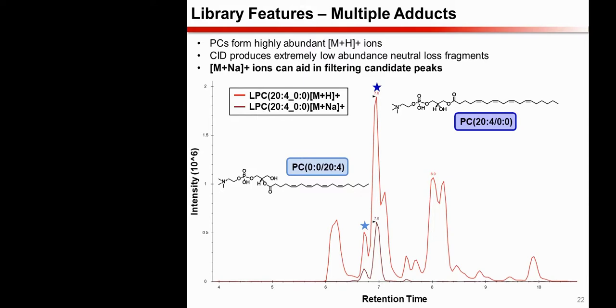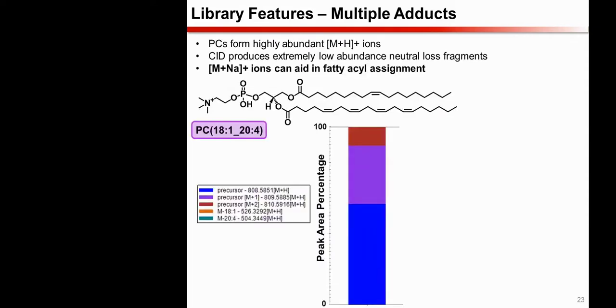But when we add in the sodiated species, which is this brown set of peaks, we can really clearly see which pair of peaks is the correct pair. So adding in that second adduct really helps us filter some of these candidate peaks. And then another example of where adding the sodiated species can be helpful is in assigning the fatty acyl chain composition of lipids.